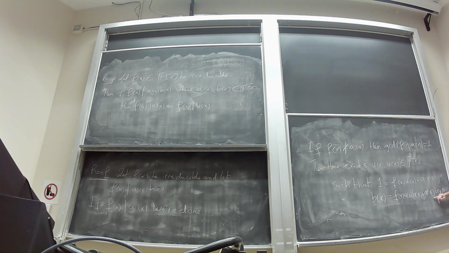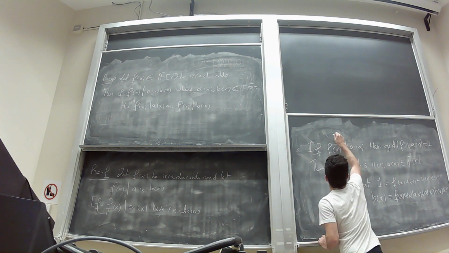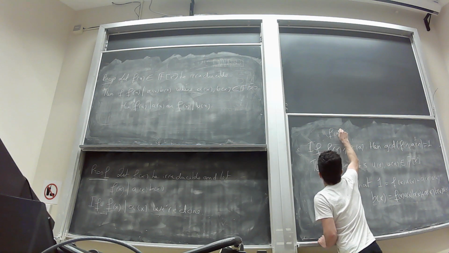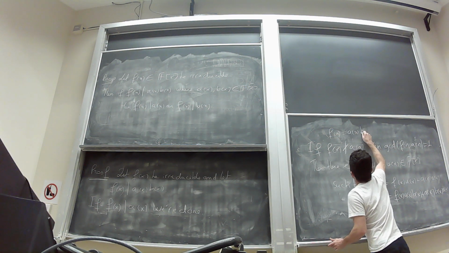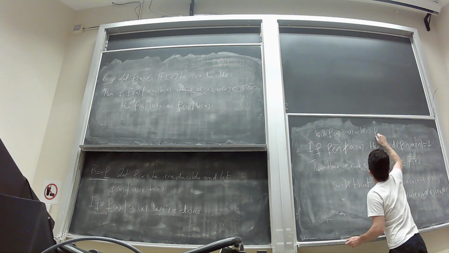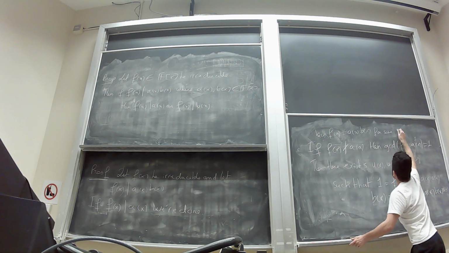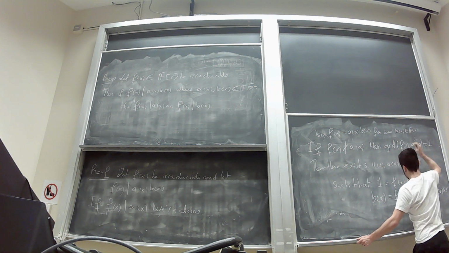If f divides a(x)b(x), what can I write? Some multiple of it. f becomes k. Very good. So let's write it here: f(x) is equal to a(x)b(x) for some k(x) in F[x].